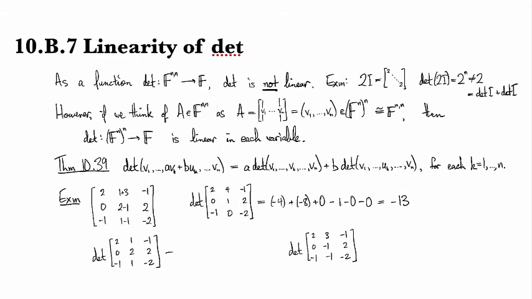From the first one, I'll get minus 8, minus 2, 0, and for my negative terms, I'll have minus 2, minus 4, minus 0, and so that gives me minus 16.